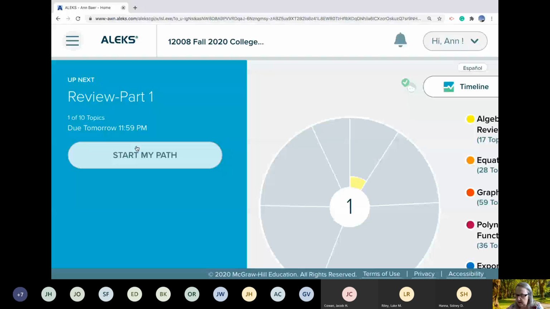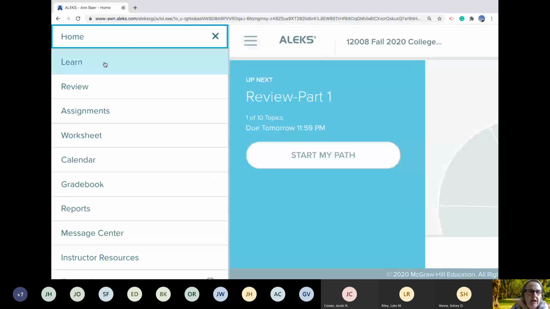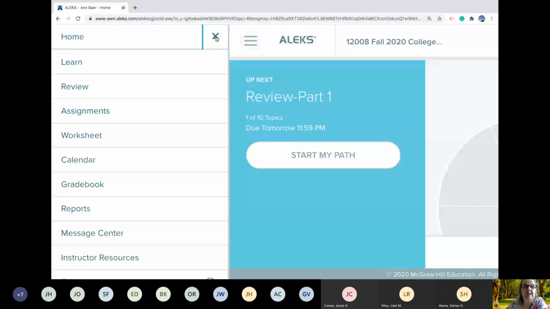Okay, I'm jotting down another item I want to mention to you. I don't know if all of you heard me, I did talk about this the first day. These three bars, this is ALEKS's main menu, and there's a lot going on here.